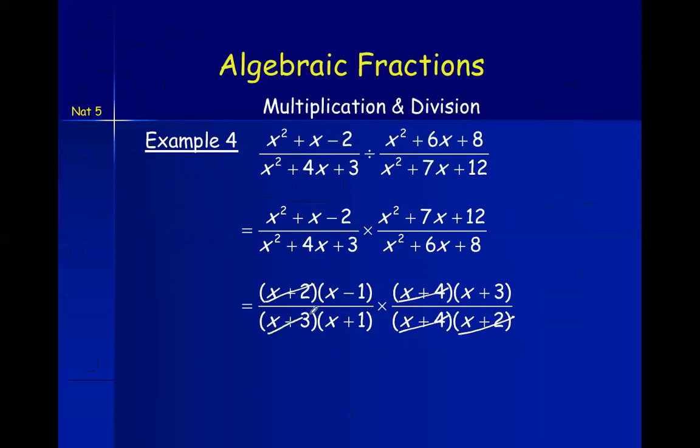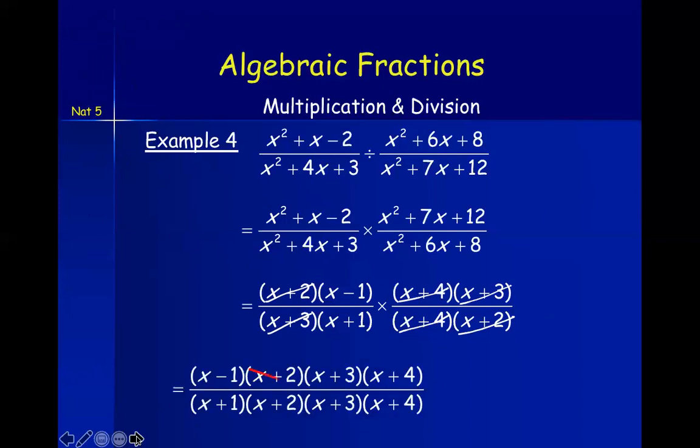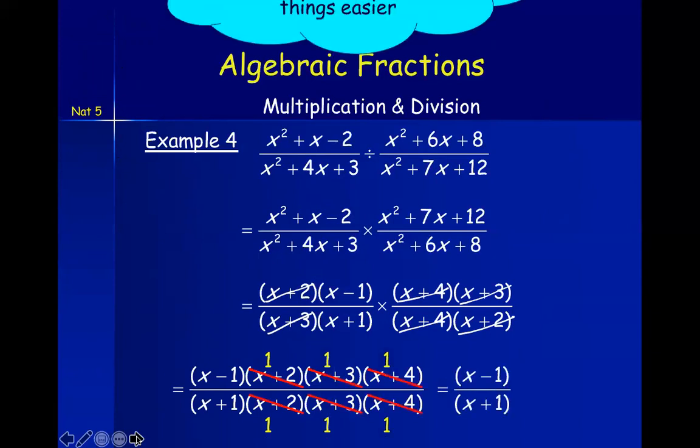X plus 3, x plus 3, go. Because that's 1, 1, and 1. 1 times 1 times 1 is 1. X minus 1 divided by x plus 1. Yeah? And that's your final answer.